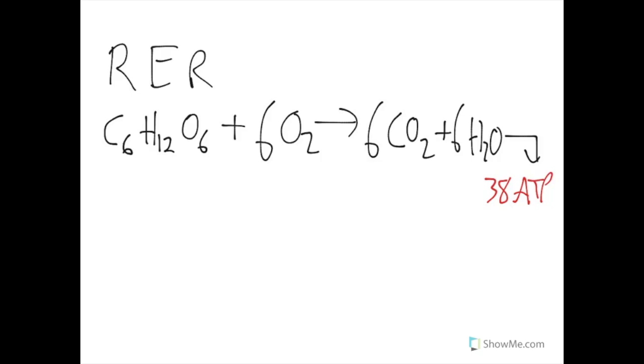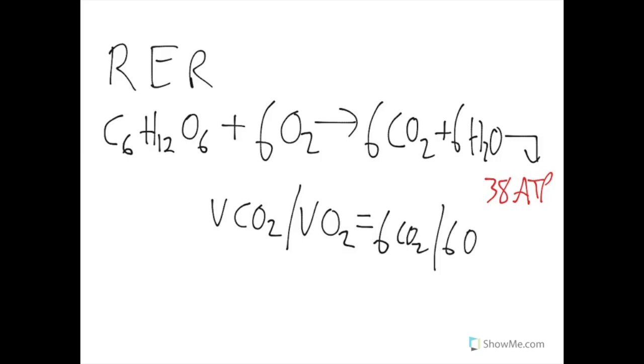Another way to look at that is our carbon dioxide production, V representing ventilation, divided by our oxygen consumption, and we get 6 CO2 divided by 6 O2 for an easy respiratory exchange ratio of 1.0.